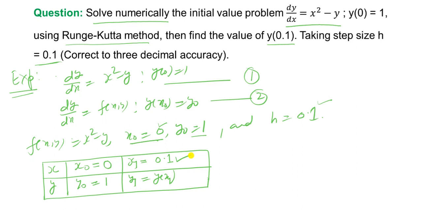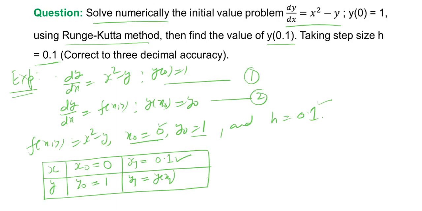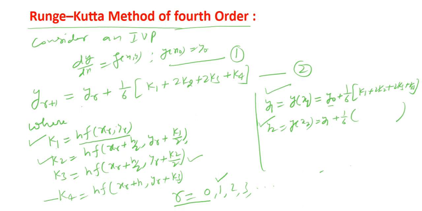Our aim is to compute the value of y at x1 equal to 0.1. So in that case, we apply the Runge-Kutta method of order 4, because we want to compute y1 at x equal to x1. According to the formula of the Runge-Kutta method, y of r plus 1 is y r plus 1 upon 6 of k1 plus 2 k2 plus 2 k3 plus k4.